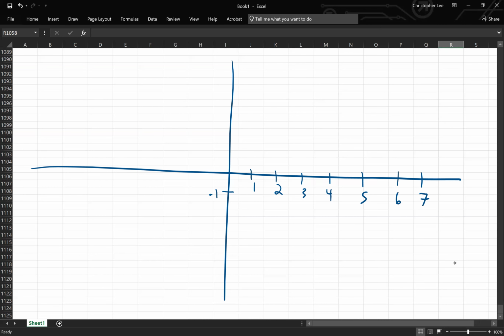So this is -1, -2, -3, -4, -5, and -6, right? And then this is -1, -2, -3, -4, -5, -6.